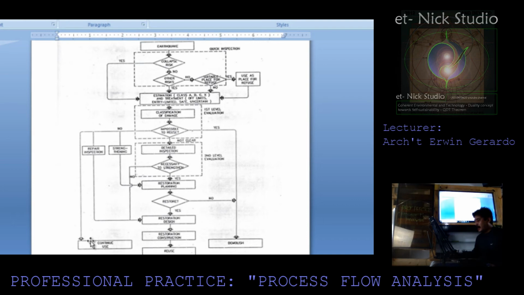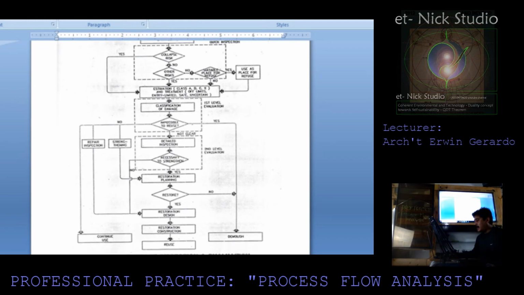So the building will just simply continue its function. So these are actually how we are able to apply the process flow analysis through this post-earthquake inspection and evaluation.